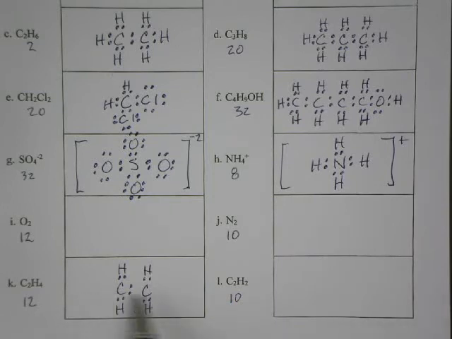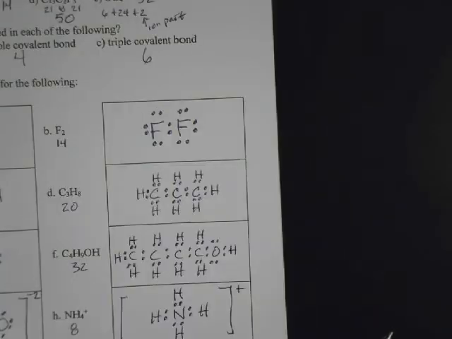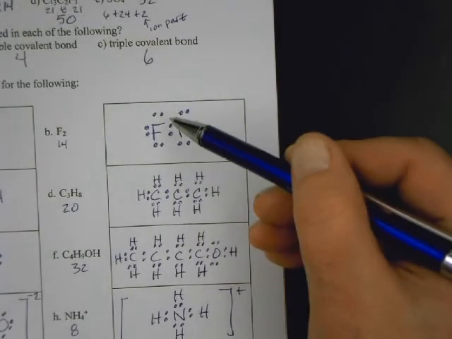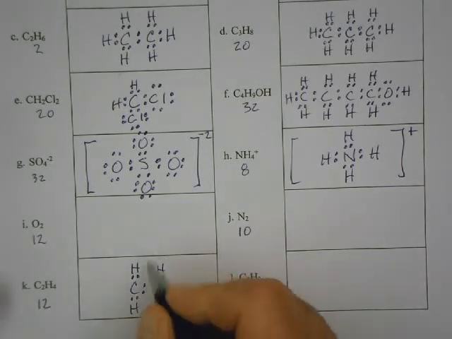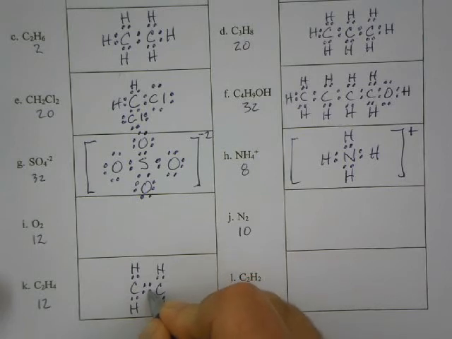But I have 2 spots that are empty, which means I'm going to be missing 2. In other words, if I really pay attention, I can catch when I'm going to have a double bond. I'm missing 2. Think about F2 for a moment. Okay, 14. Here, none there, none there. I need my double bond. I'm going to be missing 2.